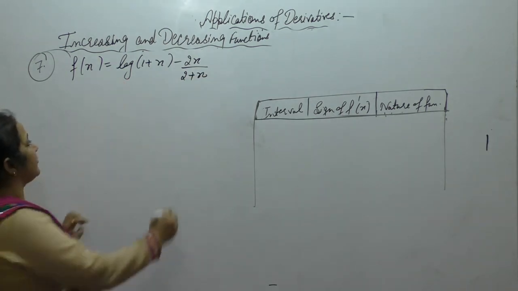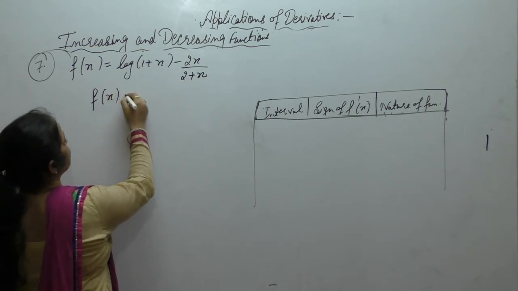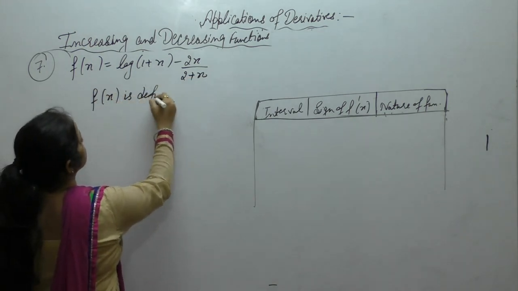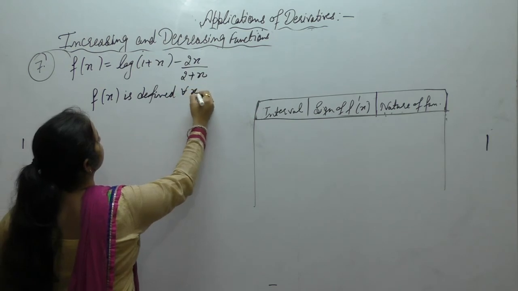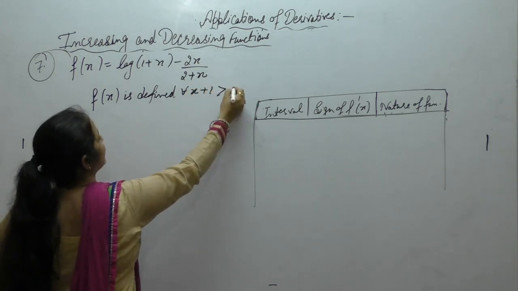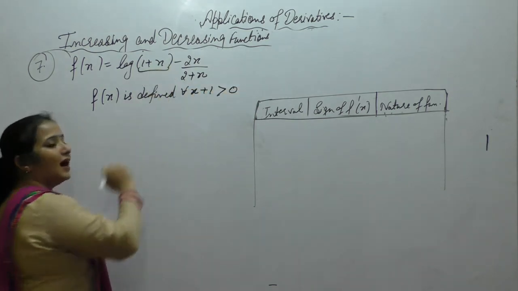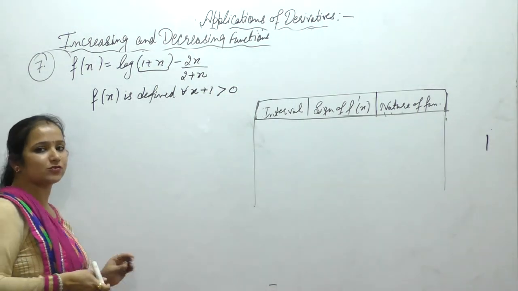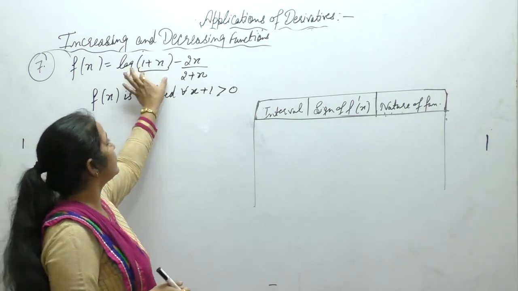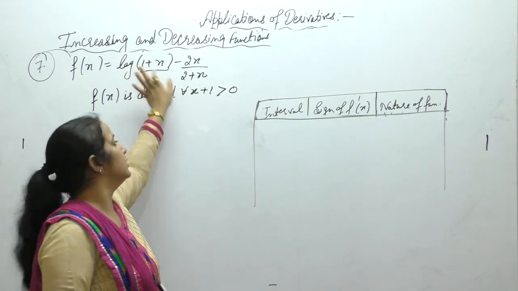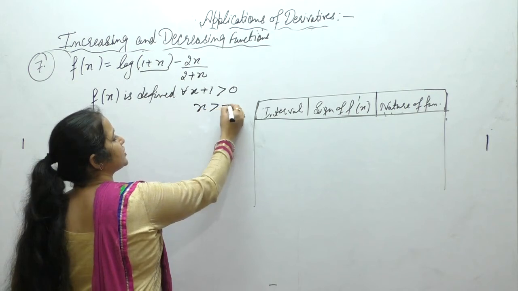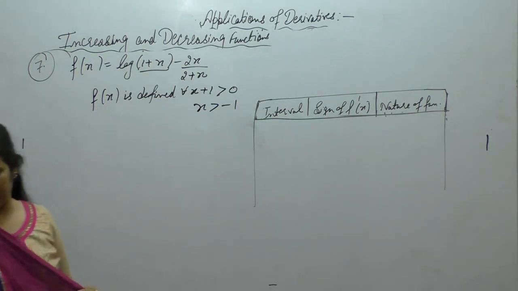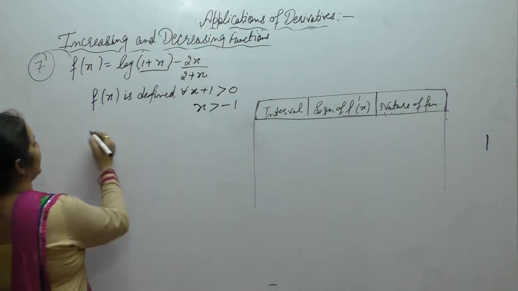Now f of x will be defined for all x plus 1 greater than 0. If x plus 1 is equal to 0, that means x is equal to minus 1. Then here we will get log of 0. Therefore, x is greater than minus 1.